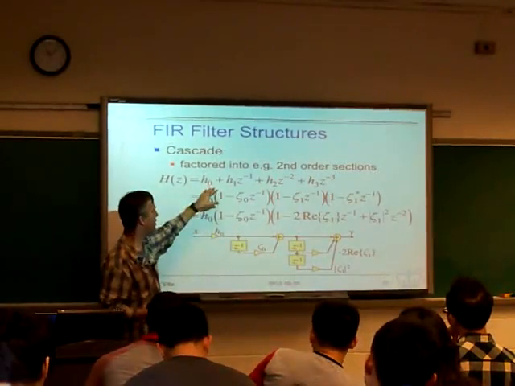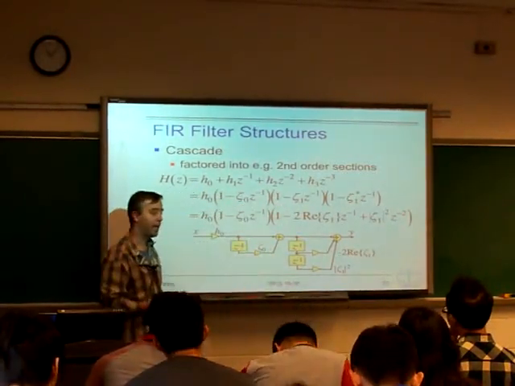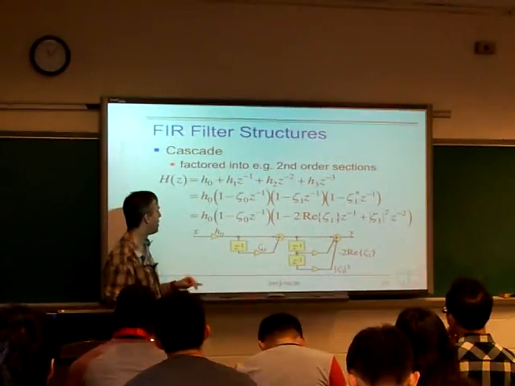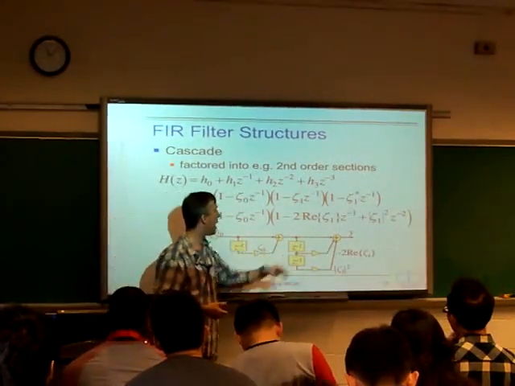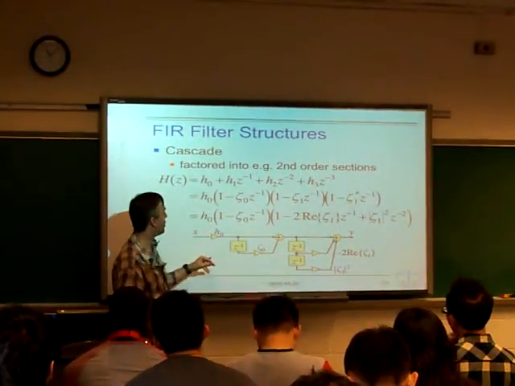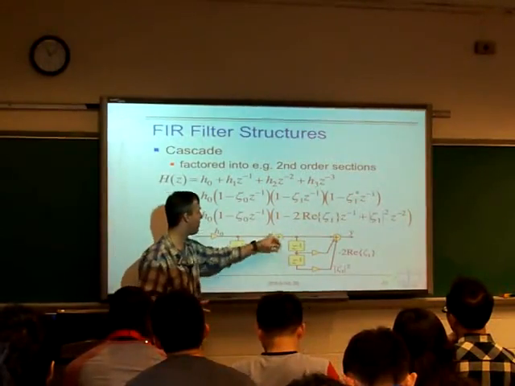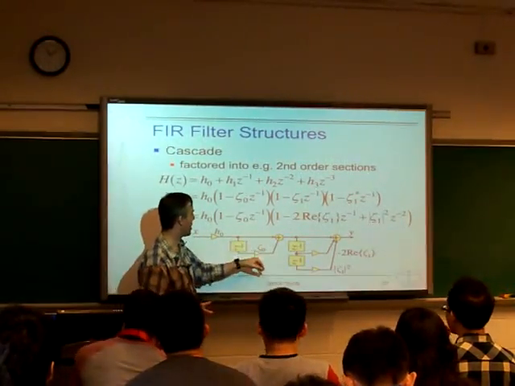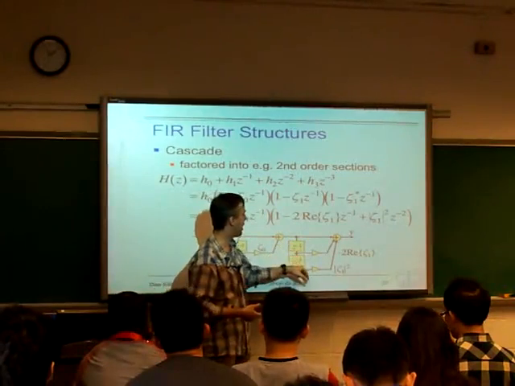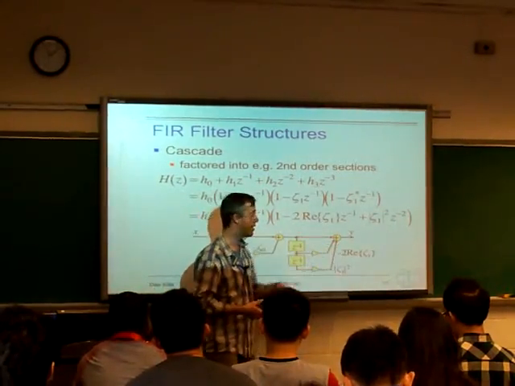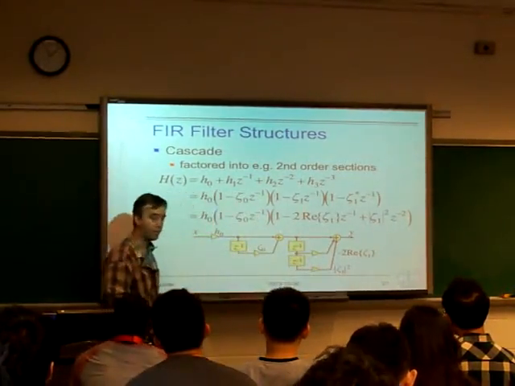Rather than having a single 3-step delay line with different gain coefficients coming out, we have the cascade of 2 systems, one with a single zero, given by our zeta 0, and then a second with 2 delay lines, 2 coefficients to give us the second pair of zeros.